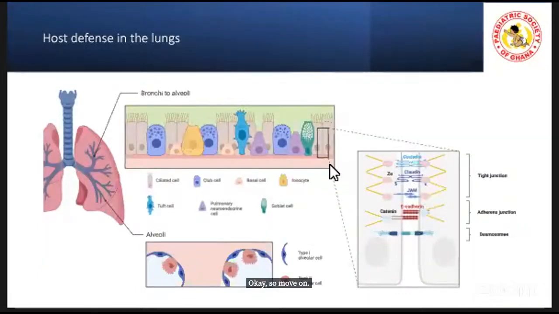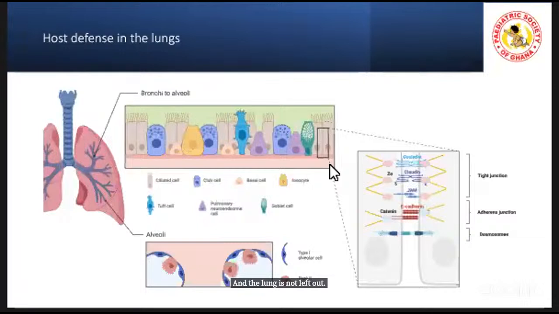So just look at a bit of pathophysiology, because the main underlying etiology is the fact that there's a defect in the lungs, the host defense in the lungs. Okay, so this human body we have has an intricate way of defending itself from various pathogens and infections, and the lung is not left out.